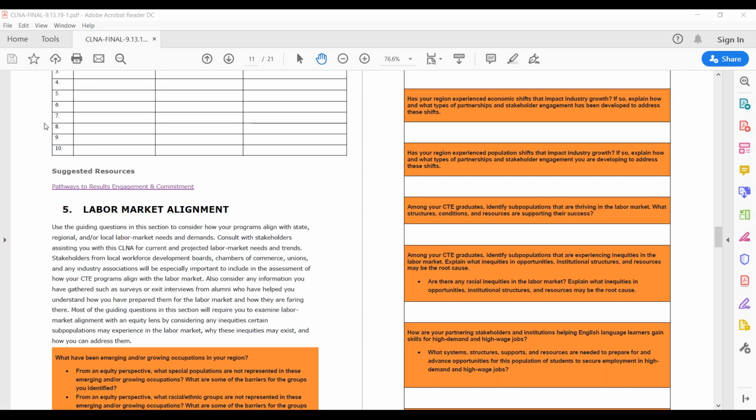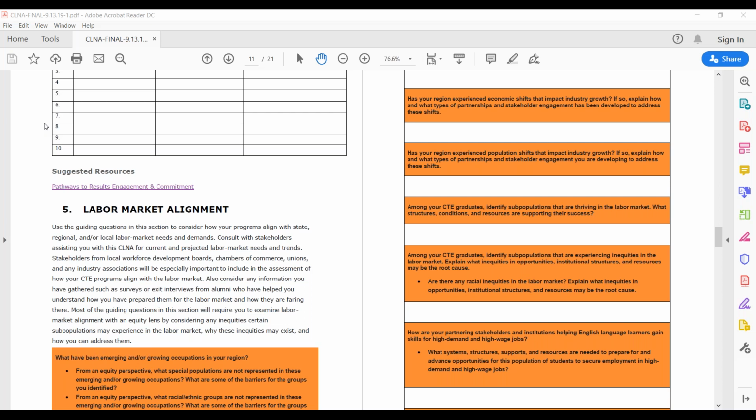And I do want to mention that this comprehensive local needs assessment that you're looking at on the screen is still technically in draft form, since it is a part of the state plan, which has been released for public comment.